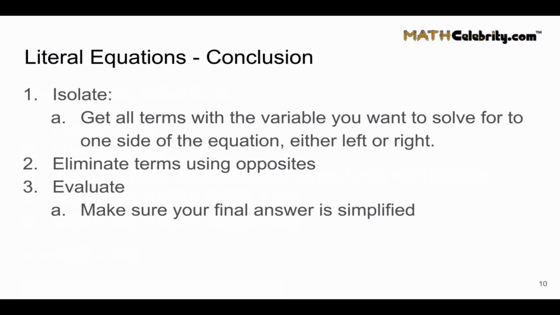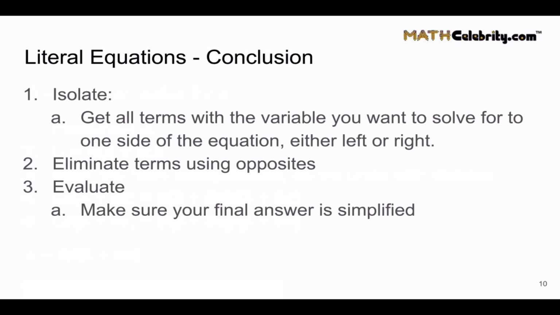Step 2, eliminate. So any time you can use the principle of opposites, eliminate terms so you can isolate your variable. And step 3 is evaluate. Make sure your final answer is simplified. Are you left with the one variable you want to solve for? Can you simplify any of the numbers or the powers? And that's it. So I.E.E.